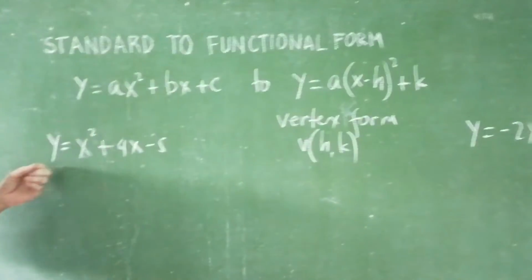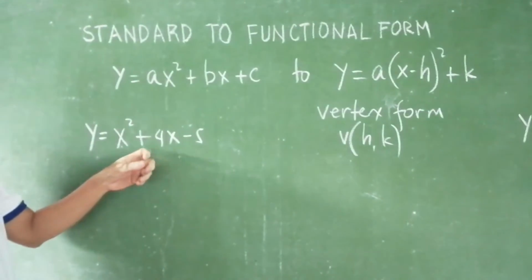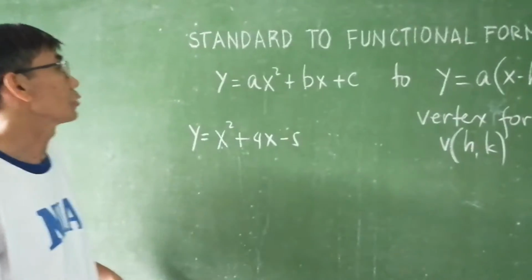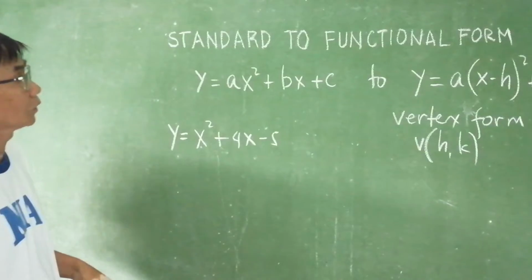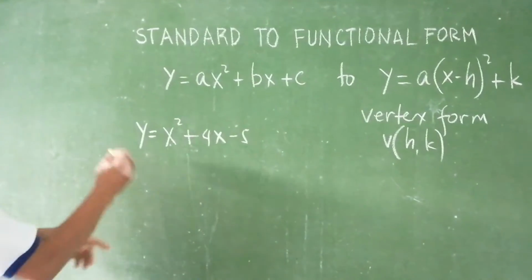So example, y equals x squared plus 4x minus 5. So this is in the standard form or general form. Take note, a is 1 here.